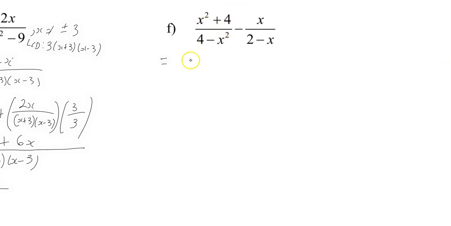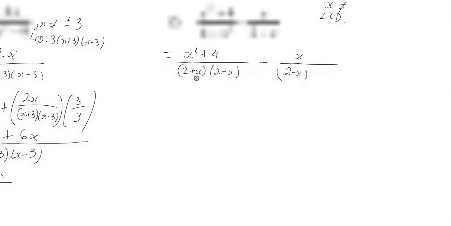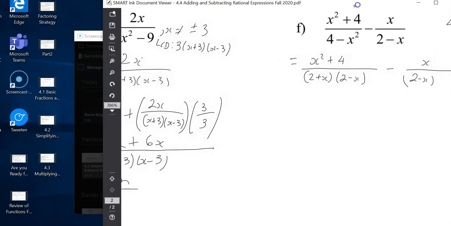Equals. Okay, sum of squares do not factor. Difference of squares, kind of a backwards one. So 2 plus x, 2 minus x over 2 minus x. So x can't be -2, can't be +2.